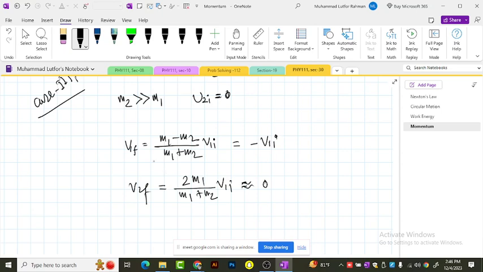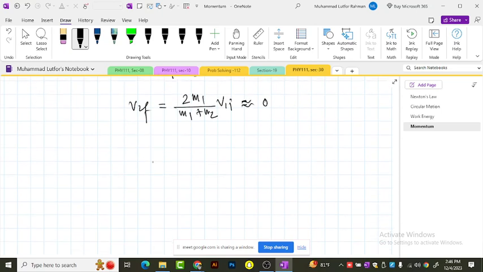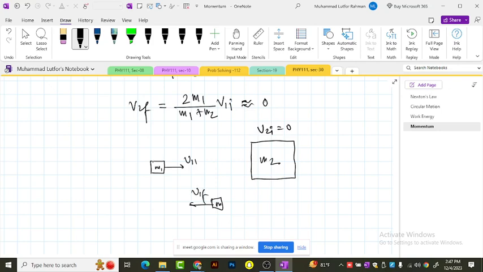That means if I consider a smaller object with mass m1 moving at speed v1, and it strikes a bigger object m2, with v2i equal to 0, after this strike m1 will bounce back with the same speed but in the opposite direction, v1f, but this bigger object will not change its momentum.